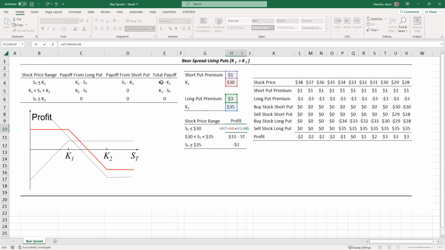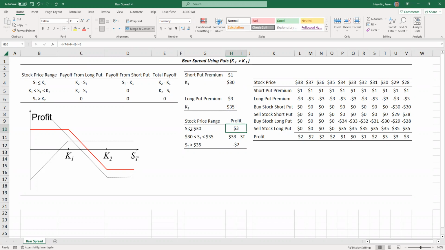So to recap, we're taking the payoff formula and then including the premium cash flows in order to get the total profit. So K2, $35, minus K1, $30, plus the $1 you collect from selling the put, minus the $3 you pay to buy the put here. So the net profit is $3. Let's go to the table here.